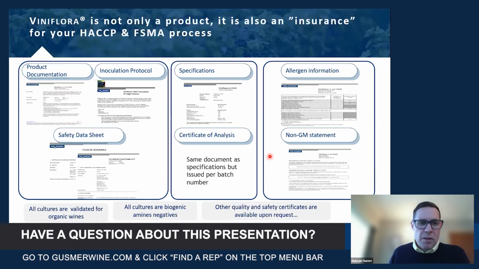So that's different product documentation, inoculation protocols, safety sheets, specifications, certificates of analysis, allergens, non-GM, all of those things. And a couple of further points: all of our bacteria cultures that we sell through Gusmer are validated for organic wines. As I mentioned, all the cultures are biogenic amine negative, and we can supply certificates or documentation to back that up as well, which is important.